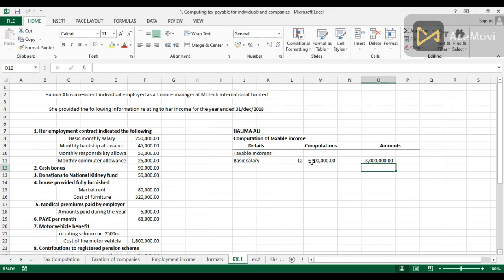Then we go to allowances. So we have the hardship. So let me write them here. Hardship. Then we have responsibility. Then we have commuter.